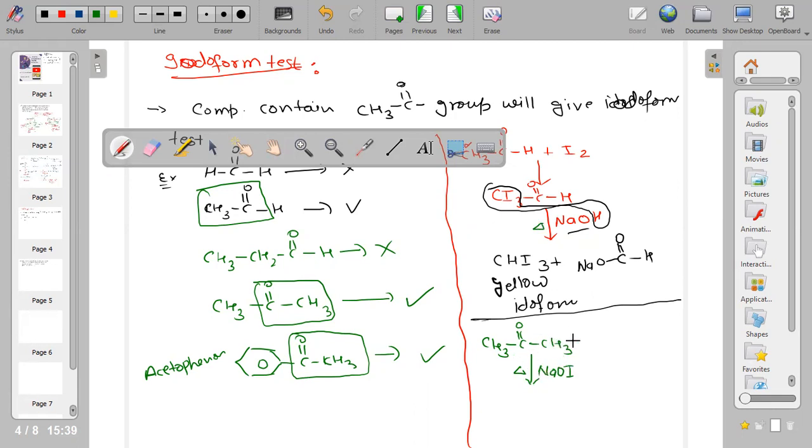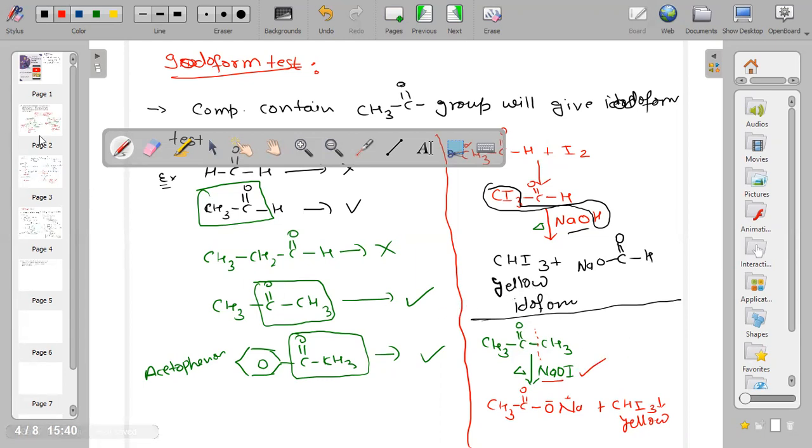What you will do: at any one side, C=O CH3, you remove this one bond, and on the remaining side you write the same CH3C=O, and write ONa on this side. So sodium acetate, plus all the hydrogens you remove and put CHI3. Iodoform formula you need to remember, and this is again yellow. So whether it is written as I2 plus NaOH or as NaOI, both are the iodoform test.